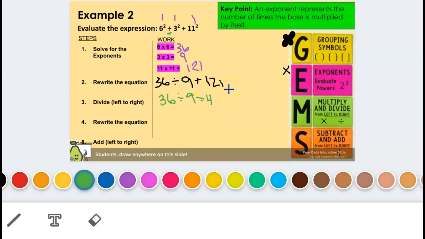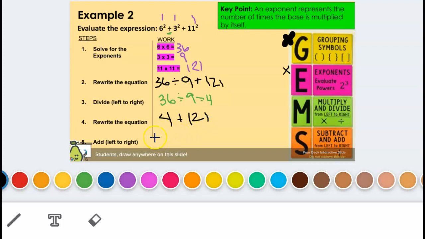Thank you for having patience with me with writing. So now again, we're going to rewrite our expression. Instead of the 36 divided by 9, we now know that that equals 4. So we're going to write 4 plus 121.